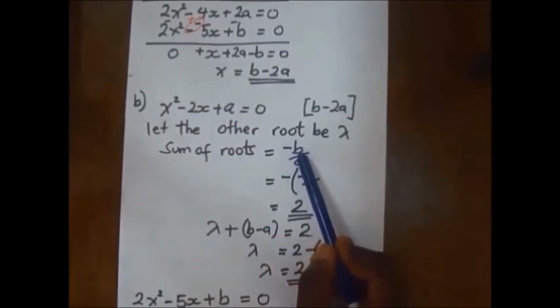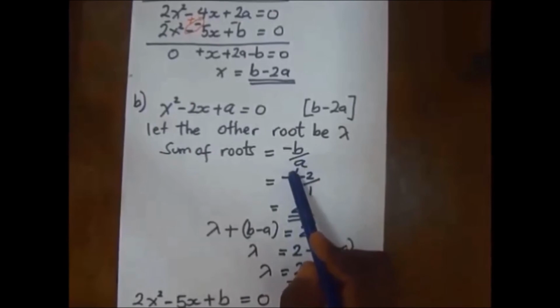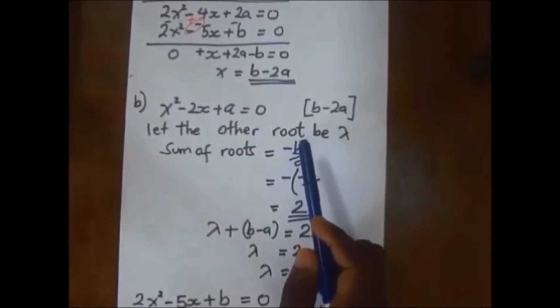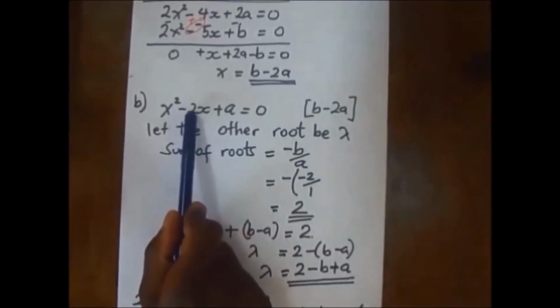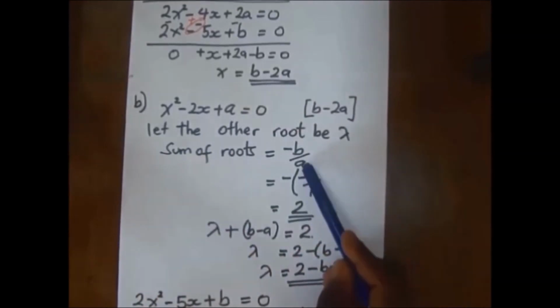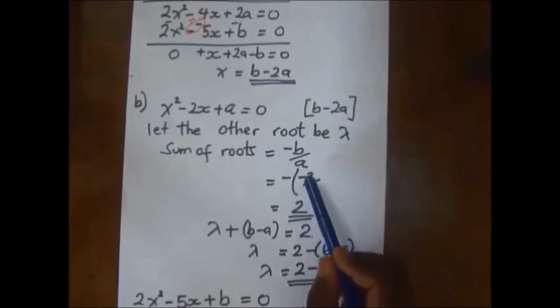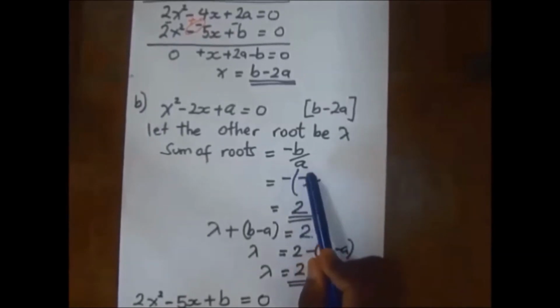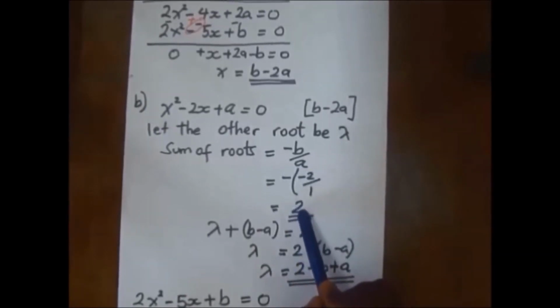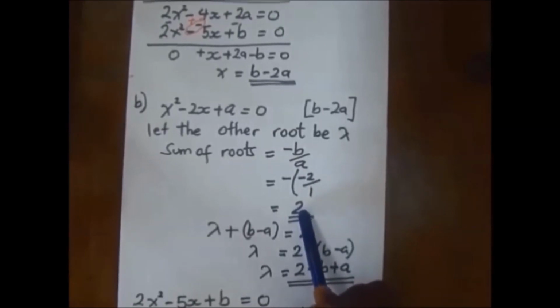And we know that negative b over a is the same as negative into what is b. According to the equation, the value of b is negative 2. So it's going to be negative negative 2 over a. Our value of a is the coefficient of x squared, which is 1. So negative times negative is positive, and so you'll end up with positive 2. So the sum of the roots is 2.